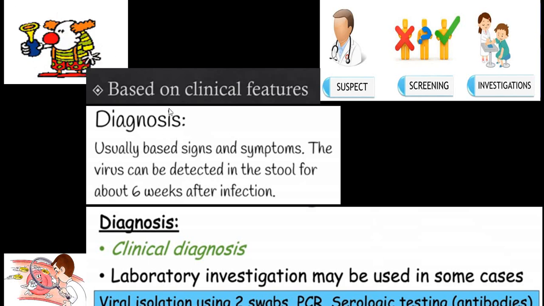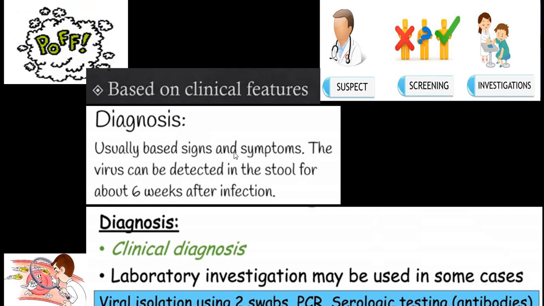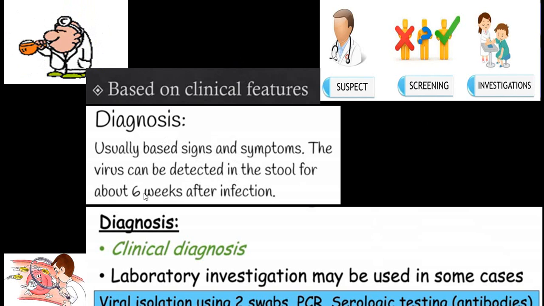Diagnosis is mainly by clinical features, mainly in the form of symptoms and signs, and you can detect the virus in the stool for about 6 weeks after the infection.